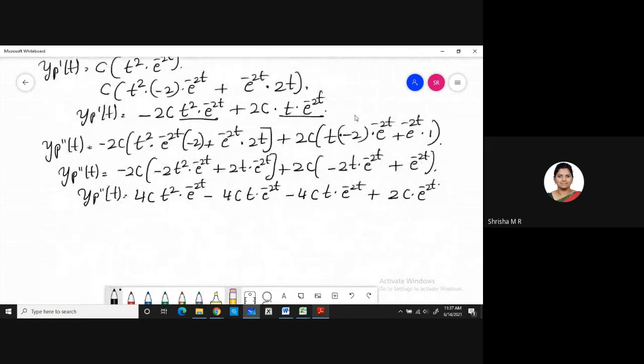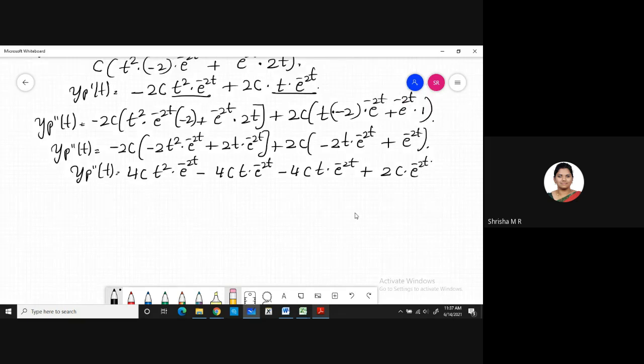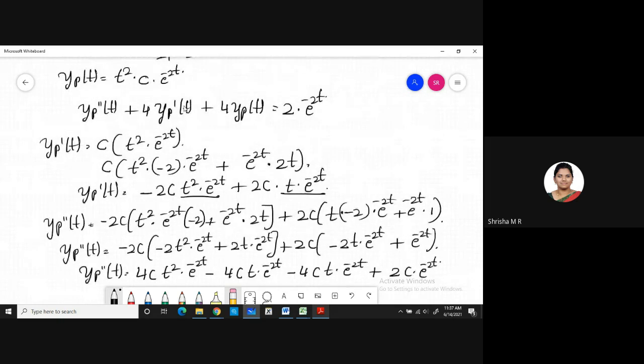Is it clear till here, everyone? Yes, ma'am. Okay, so now let us put that in the equation. So we have yp double dash of t plus 4 yp dash of t plus 4 yp of t, which is equal to 2 into e power minus 2t.